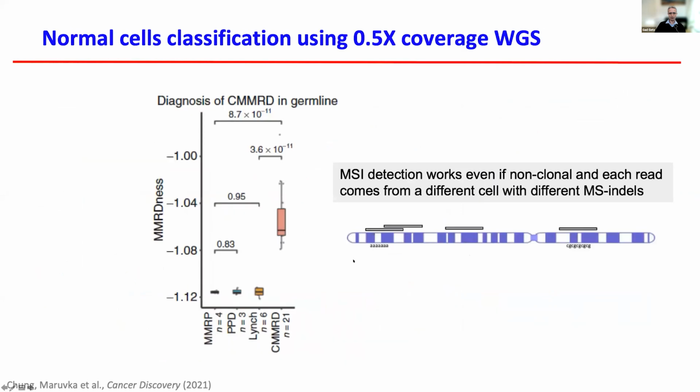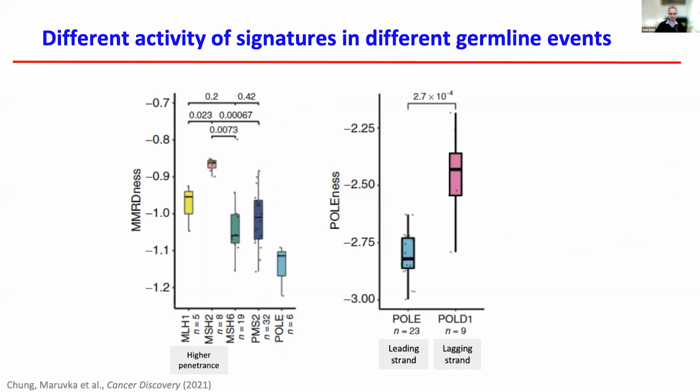And the most important thing is that because this tool does not need the mutations to be clonal, we could detect even from blood that these patients are CMMRD, and that has a very important clinical implication because some of these kids have non-canonical mutations in those genes, and they don't know that they are CMMRD patients. And using just a regular blood test from normal cells, without even a tumor, you could detect that that kid is a CMMRD.